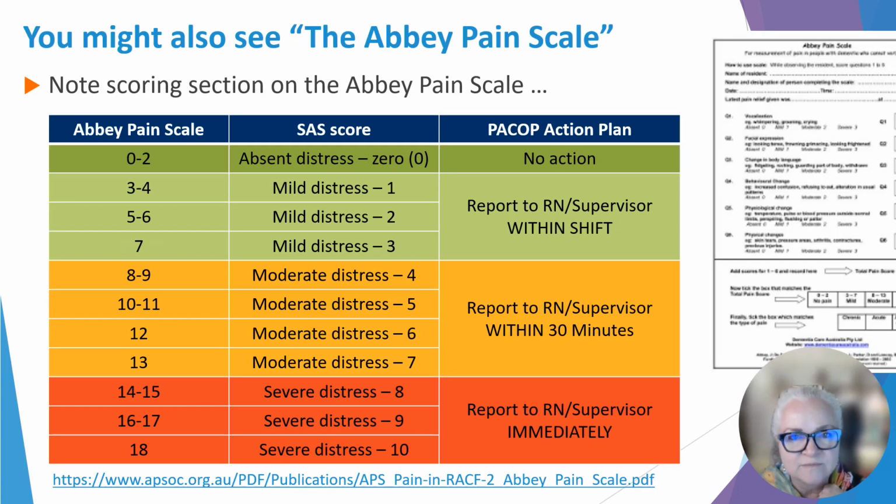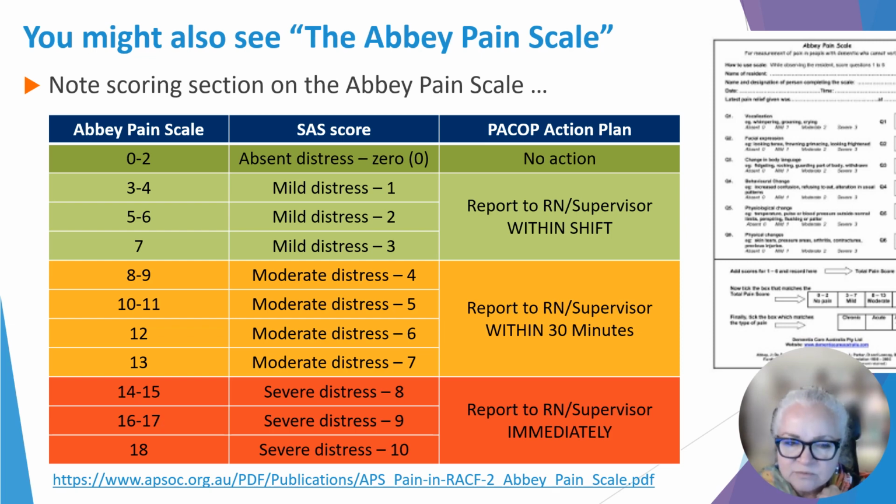If your aged care home is using the ABI pain scale, have a look here at how the total score may help you to identify the degree of possible distress that your resident may be experiencing. So on the left-hand side, you've got the ABI pain scale scores. In the middle, you've got the SAS assessment scores. And on the right-hand side, you've got the PACOP action plan.